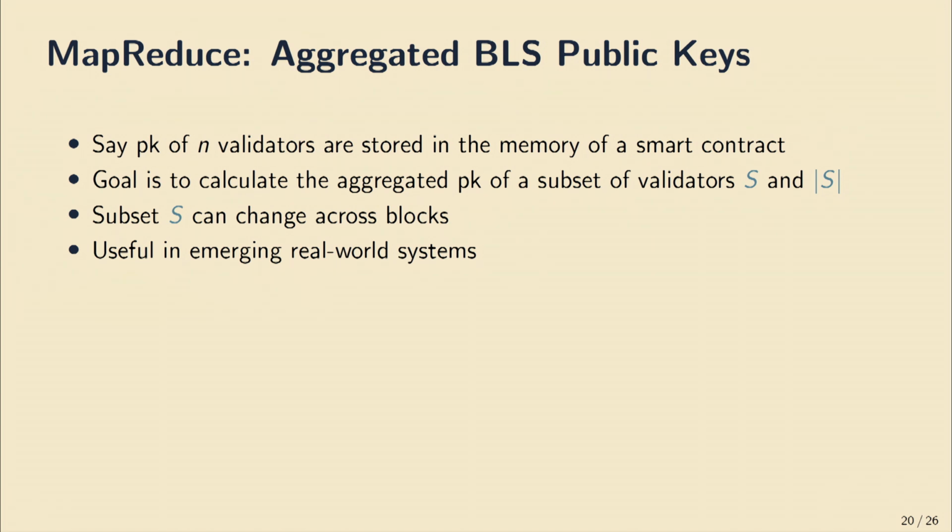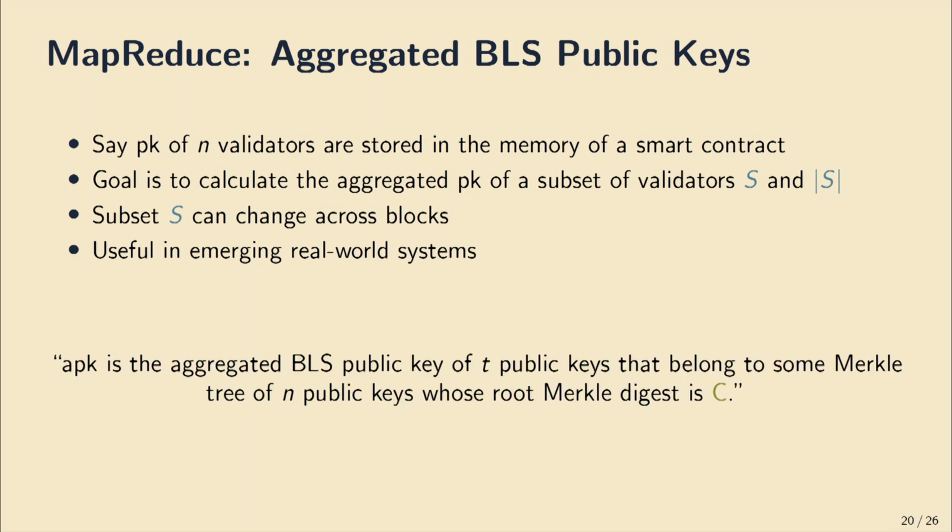The claim is that this aggregate public key is an aggregation of a T-size subset of the Merkle tree, right? The subset S can change across blocks. So actually this is exactly the statement we're proving: that APK is the aggregated BLS public key of T public keys that belong to a Merkle tree of n public keys whose root Merkle digest is C. So we just care about the number, okay?